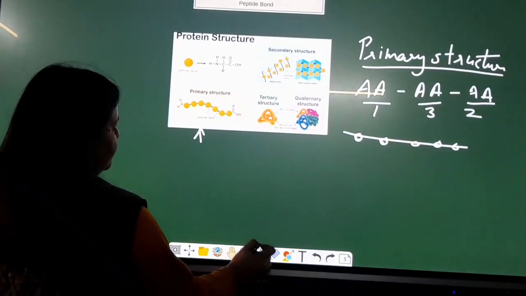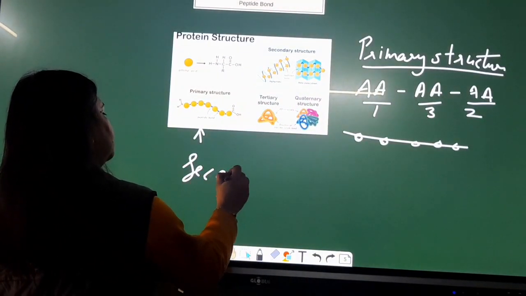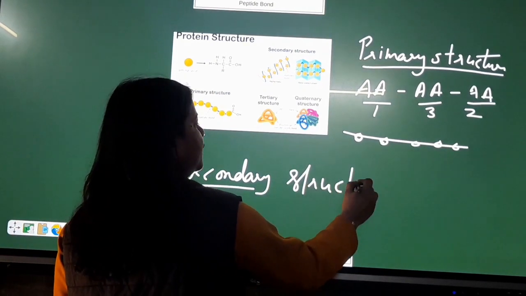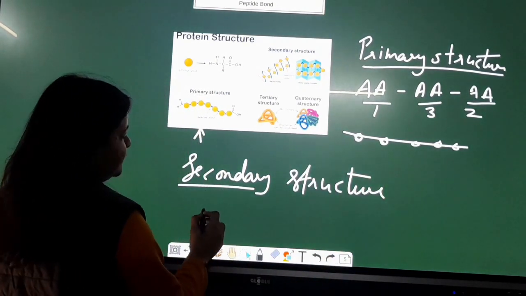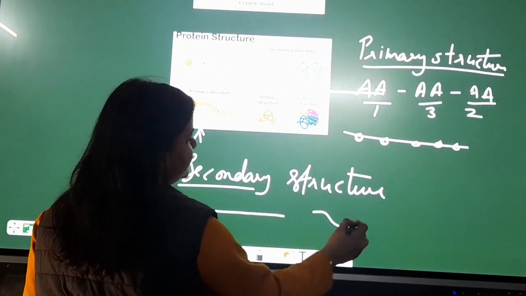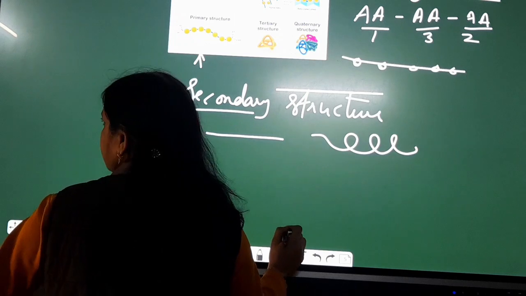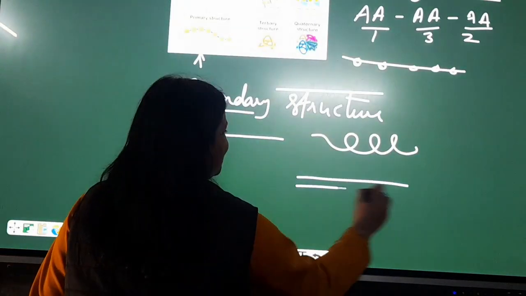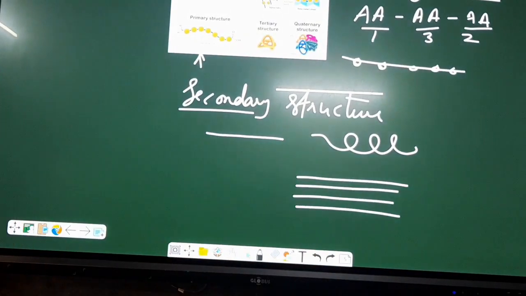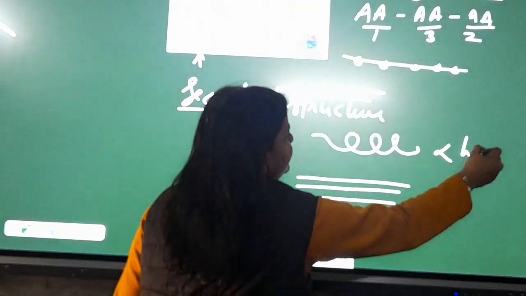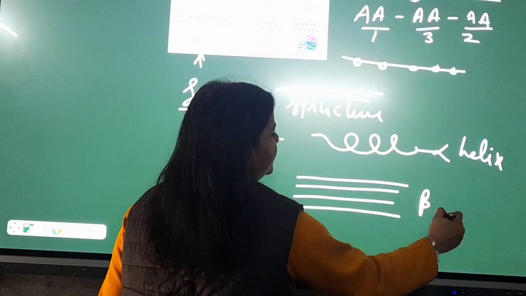Now secondary structure. In secondary structure, these single chains are arranged in the form of a helix or beta pleated sheet structures. So secondary structure is present as alpha helix and beta pleated sheet.